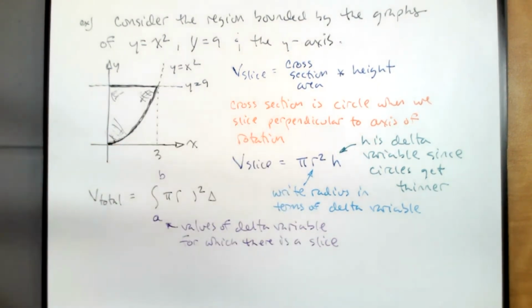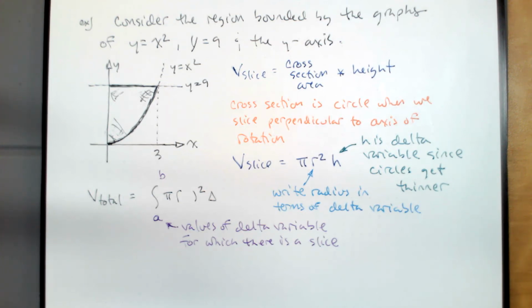All right. So that was our procedure. We're going to use the fact that volume is cross-sectional area multiplied by the height. In this case, when we slice perpendicular to the axis of rotation, we're creating cross sections that are circles. The delta variable is how those little circles are getting thinner. Then we need to write the radius in terms of the delta variable. Then we need to figure out the values of the delta variable for which we have a slice.